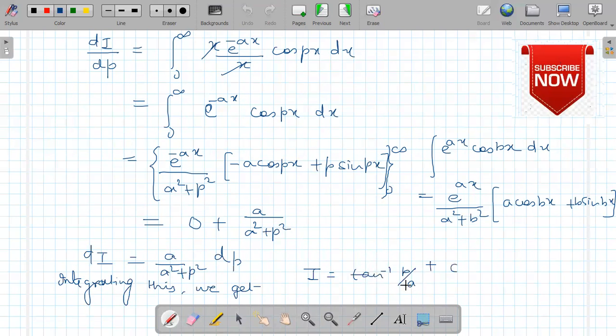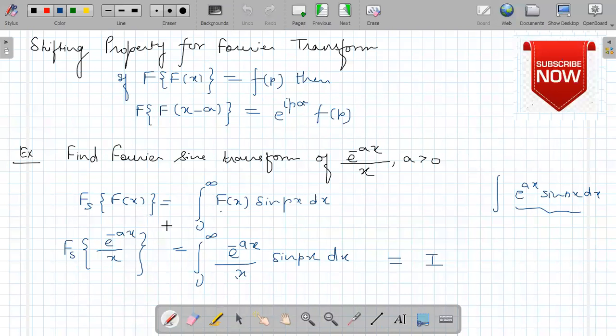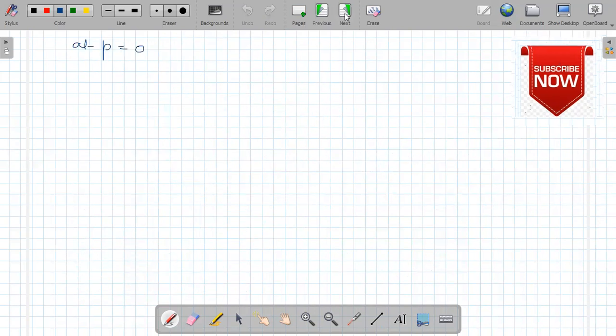When I put p is equal to 0, then I will be 0. So this is the condition that we'll use to find the value of c.